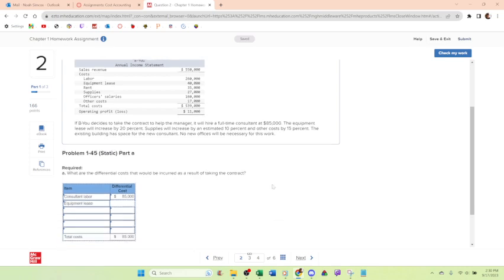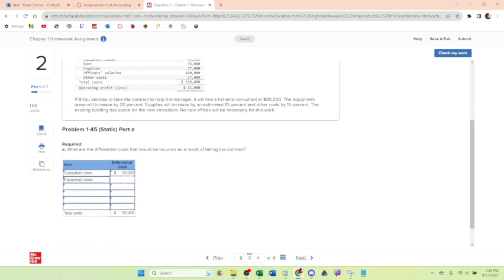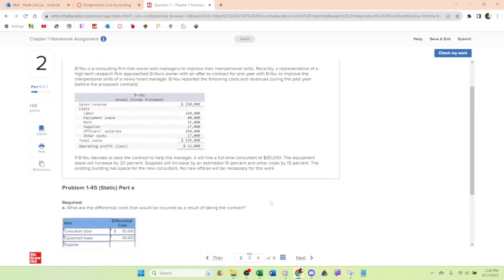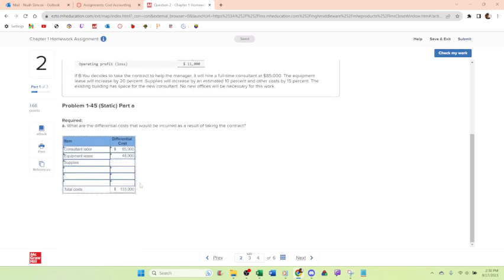That's 48,000. The other increase, supplies will be increased by 10%. So 1.1 times 27,000 is 29,700.